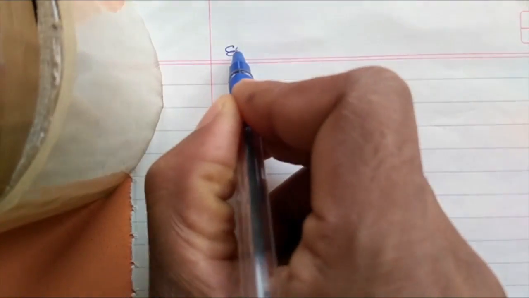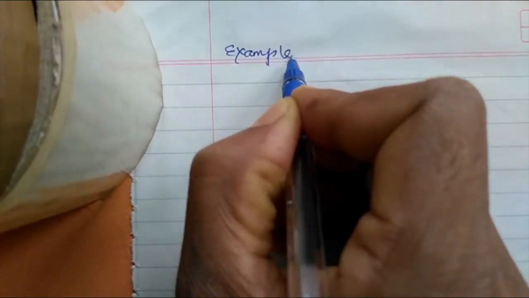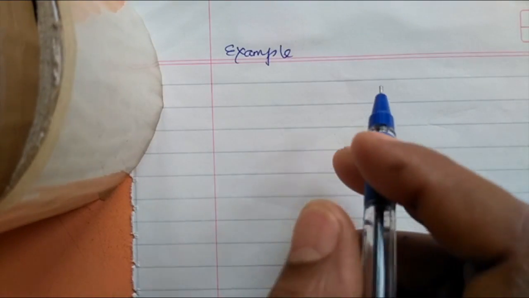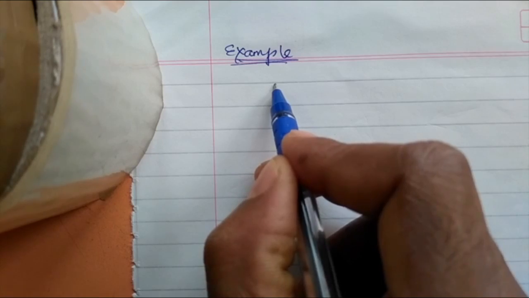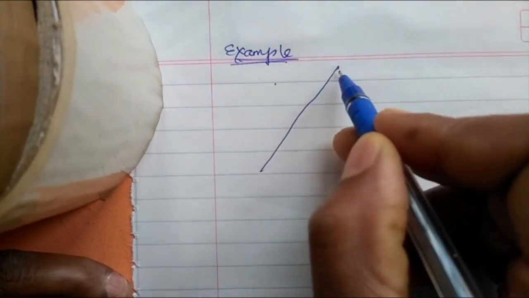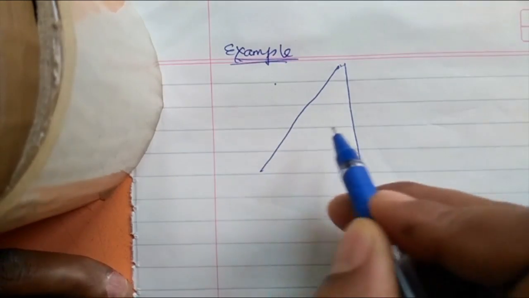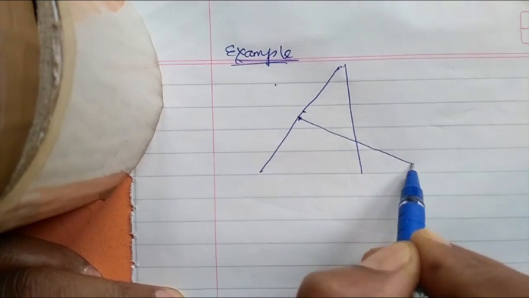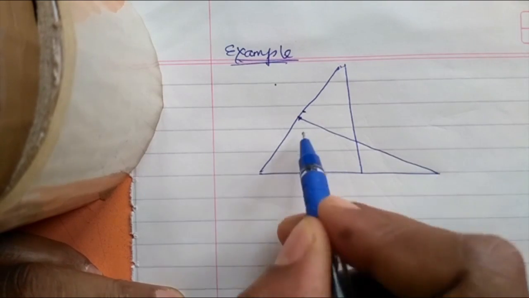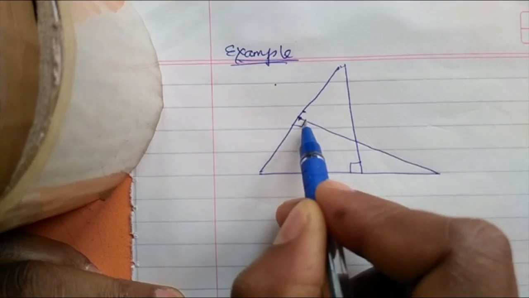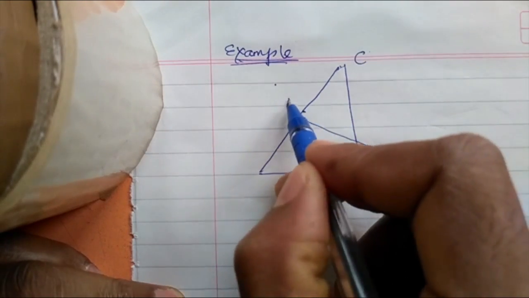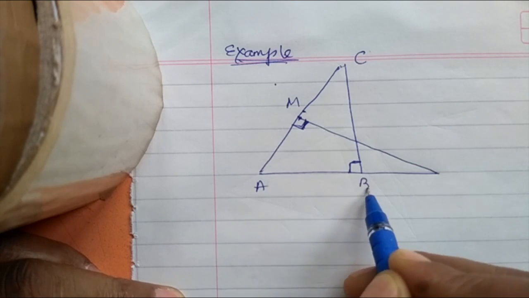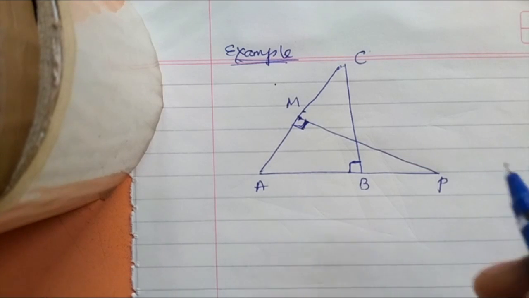Let's go for another 3 to 4 marks example. So this is the problem figure.